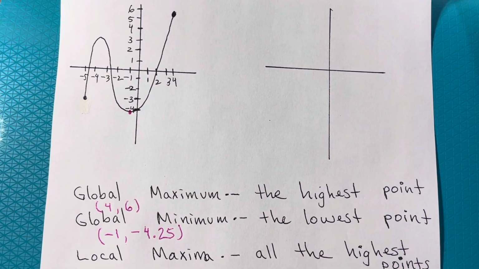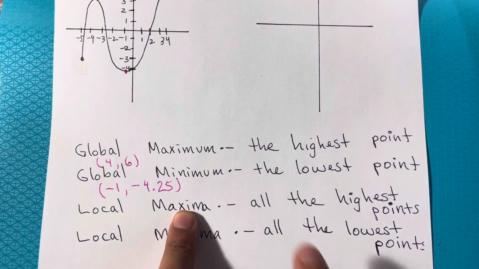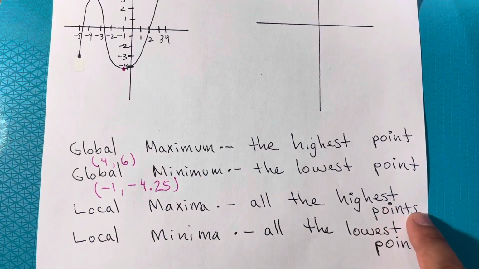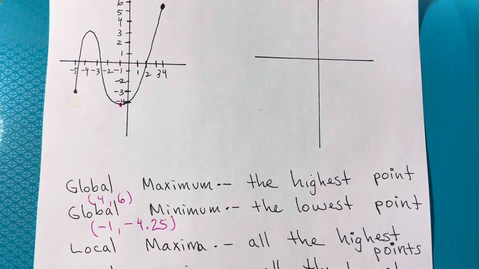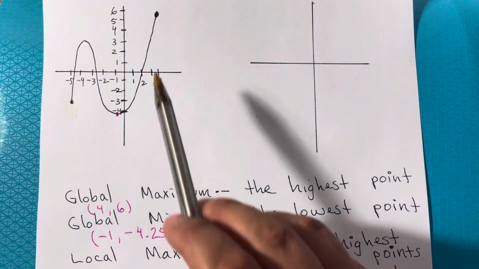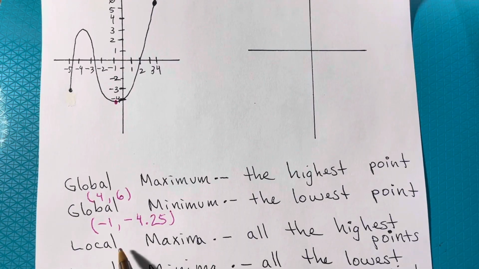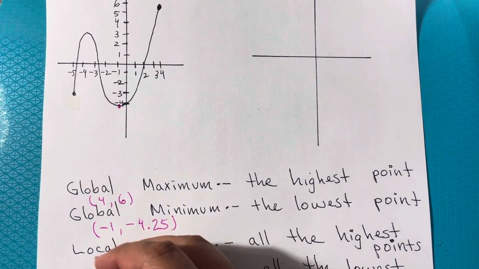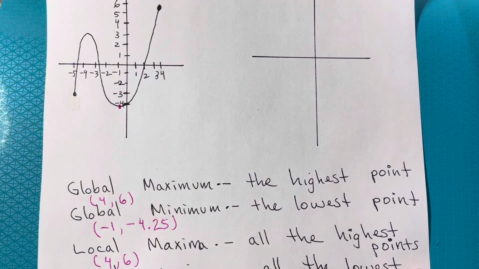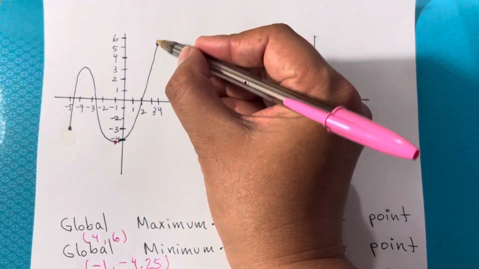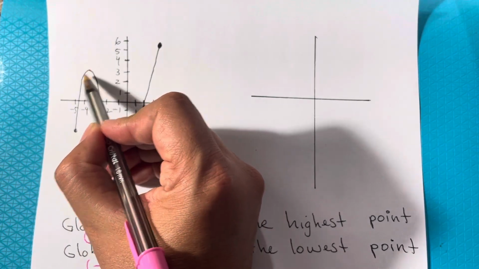Now, the other one that we have is local maxima. In that case, it's all the highest points compared to the points around that specific point. So in here, we will include the global maximum. It's included in the local maxima. So (4, 6) is included as my local maxima. But also the other points that we compare, like this point is higher than these other points around it.